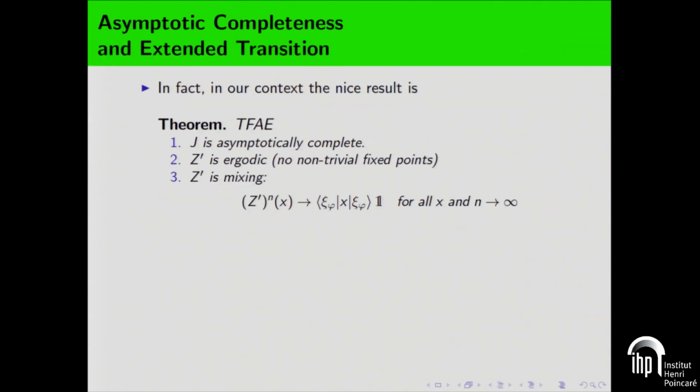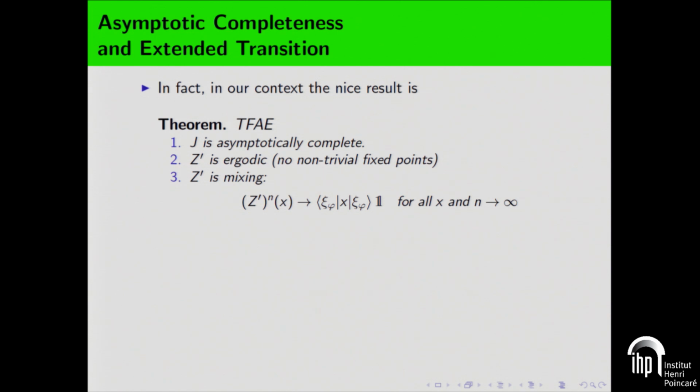We introduced it to deal with asymptotic completeness, and in this case we have in fact a nice result which says that J is asymptotically complete if and only if this Z prime is ergodic, has no non-trivial fixed points, or equivalently it's mixing, which means that all the states are transformed into this vector state asymptotically. Yeah?